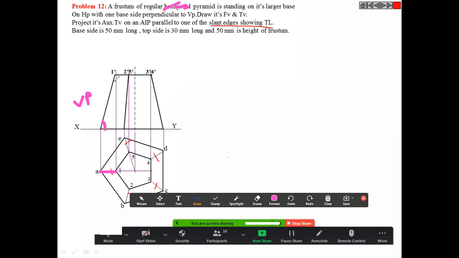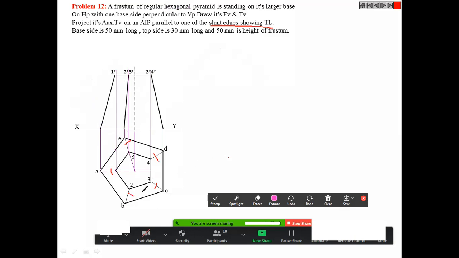Now it is parallel to VP, so its front view, or its view in VP, will be its true length. So this is the only available choice with us out of these 5. Got it? Understood or not? Yes.